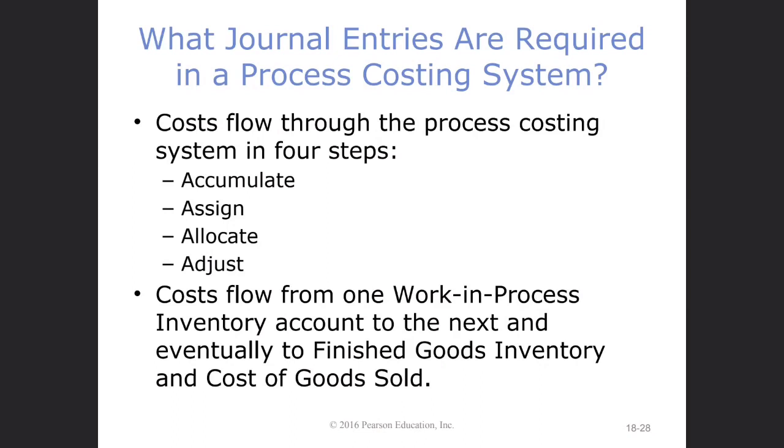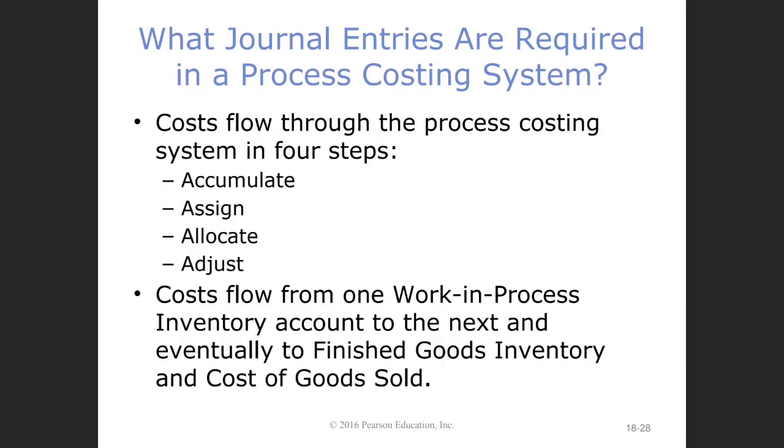So that's allocate. And then adjust. Adjust is like at the very end when we're truing it up, where we've gotten the actual numbers, and now we are adjusting. So that's like the final step.